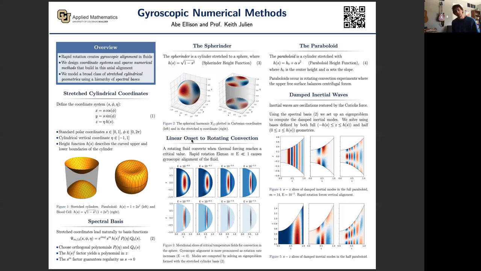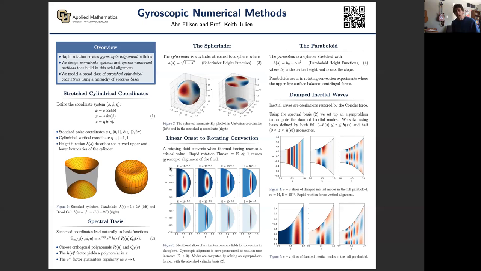And so then we can solve the linear onset of rotating convection problem. This is an eigenproblem that we set up in order to find the critical amount of thermal forcing that causes the fluid to turn over, to convect. And that critical forcing is dependent on the rotation rate, related to the Ekman number.